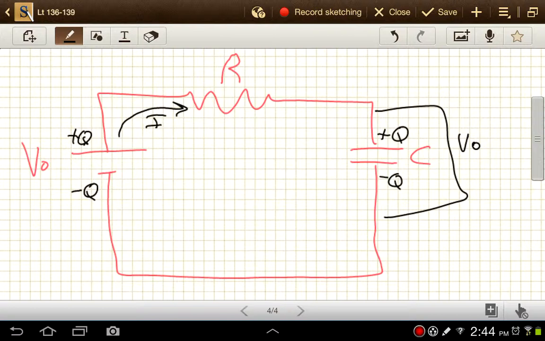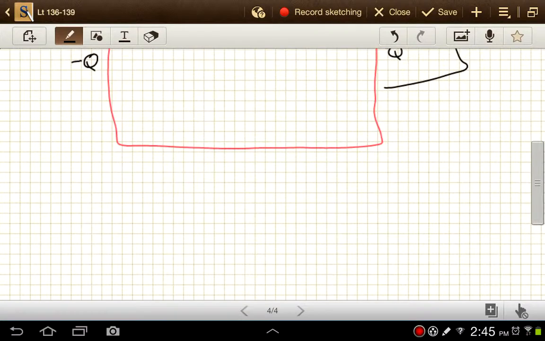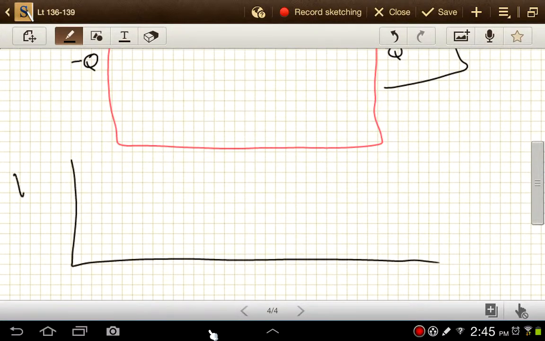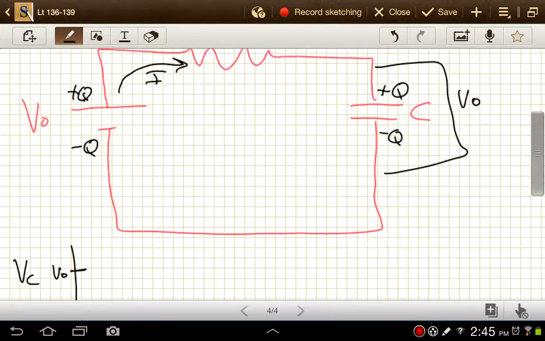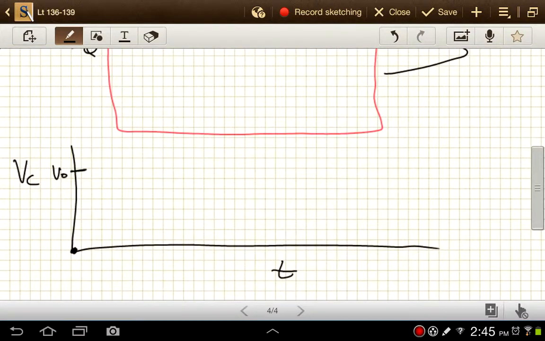Now, if you were to graph this, look at a graph of the voltage on the capacitor over time, what you'd find is you'd start out with a potential difference of 0, and then if we call this V naught, that's the voltage for the battery, we end up with a horizontal asymptote.